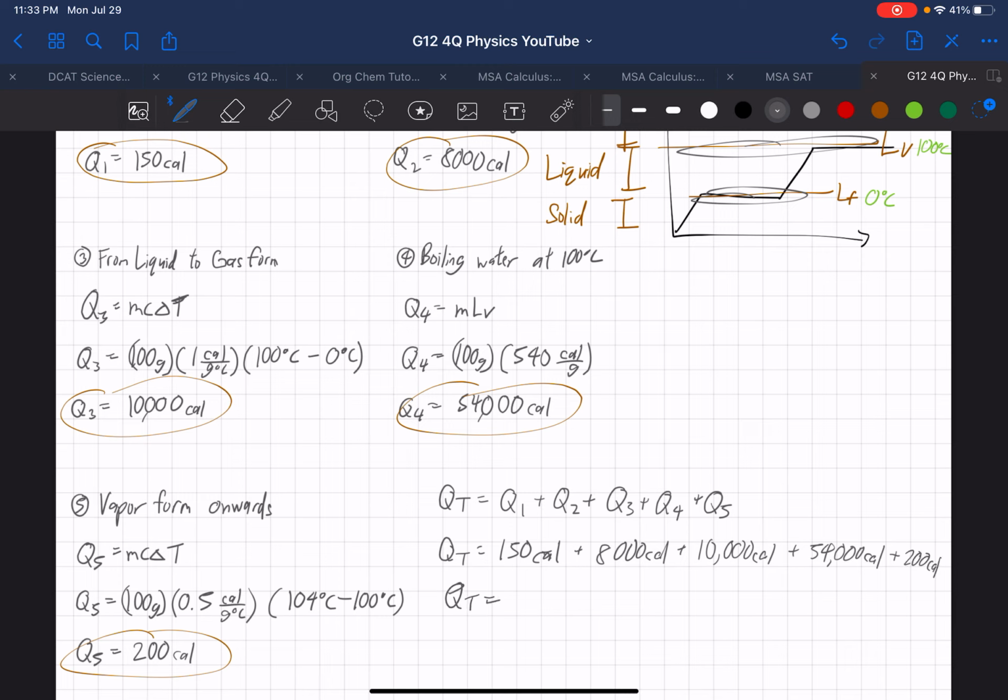So what's the total? It appears to be 72,350. Okay, demonstration is complete. One of the most satisfying things in physics, literally. Okay, let's move on.